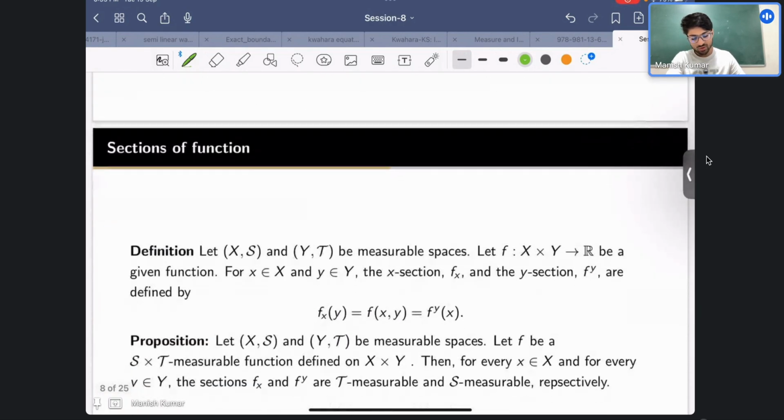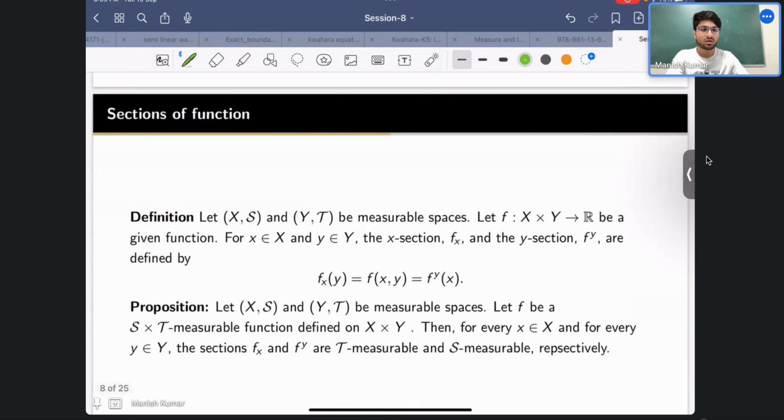The way we define sections of a set, you can even define sections of a function, and this will be very important in understanding the iterated integral.